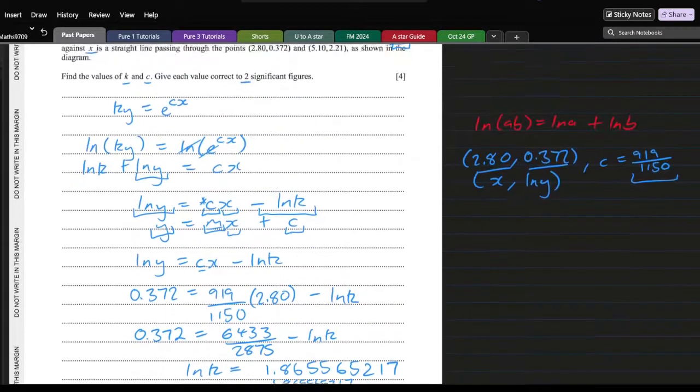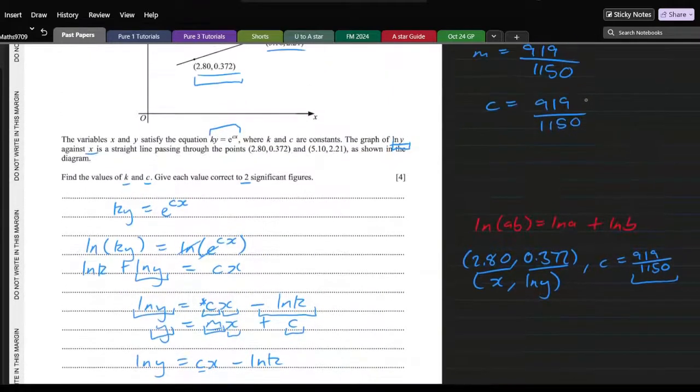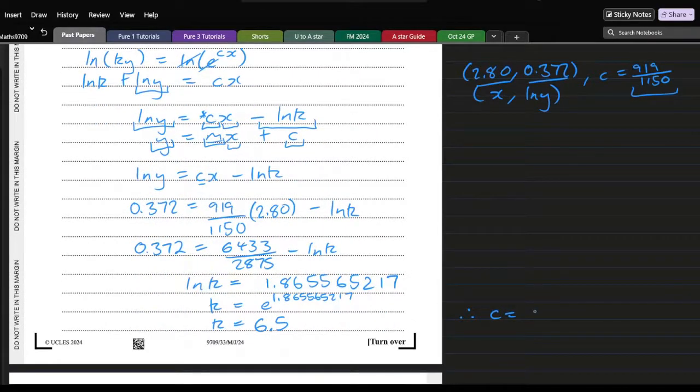They want 2 significant figures, so that's 6.5. So we can conclude that c is equal to, correct to 2 significant figures, 919 over 1150, which gives 0.80, and k we said is 6.5 to 2 significant figures, and that's our final answer. I should write k here.